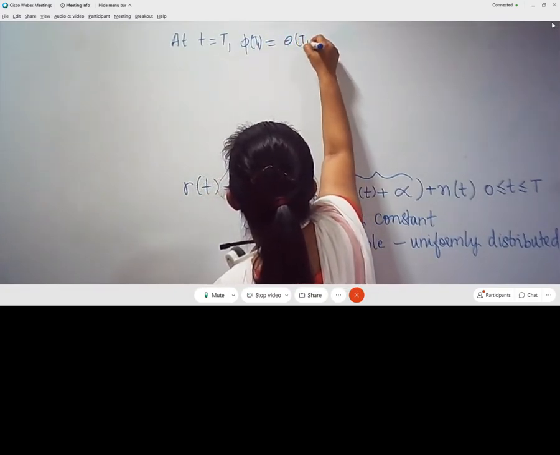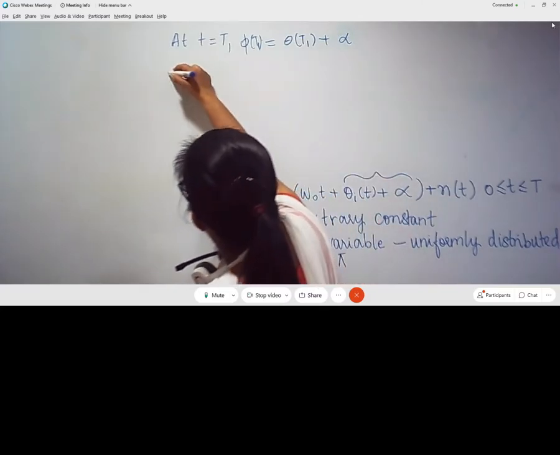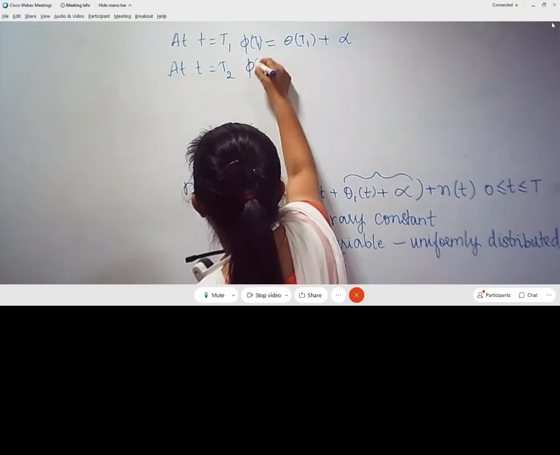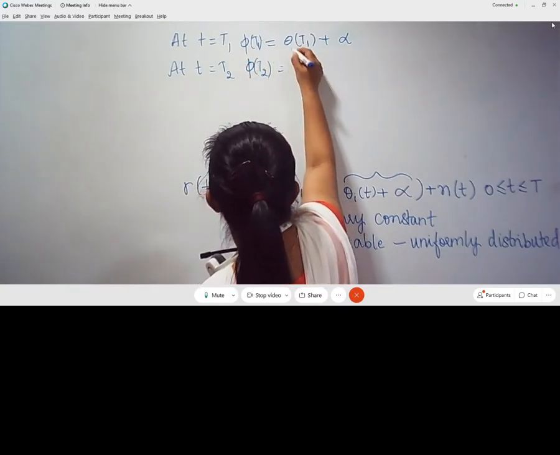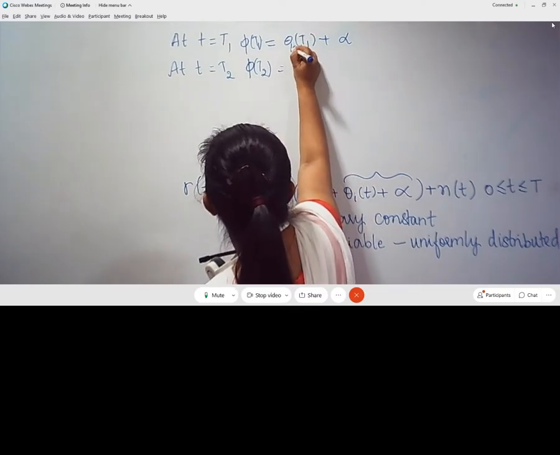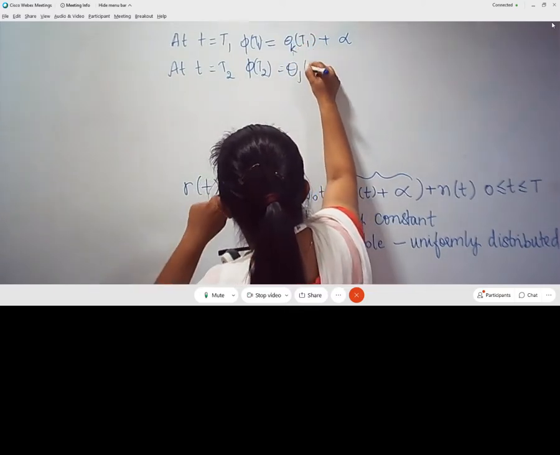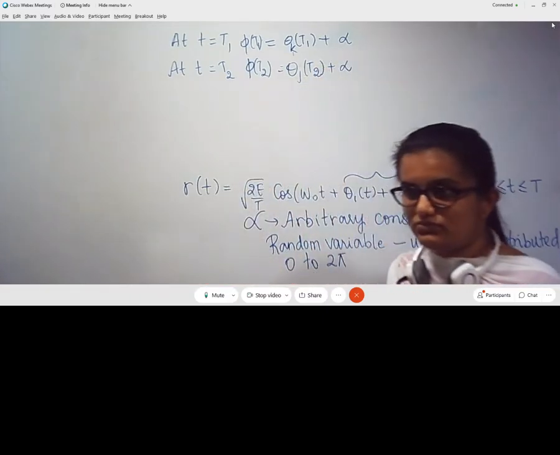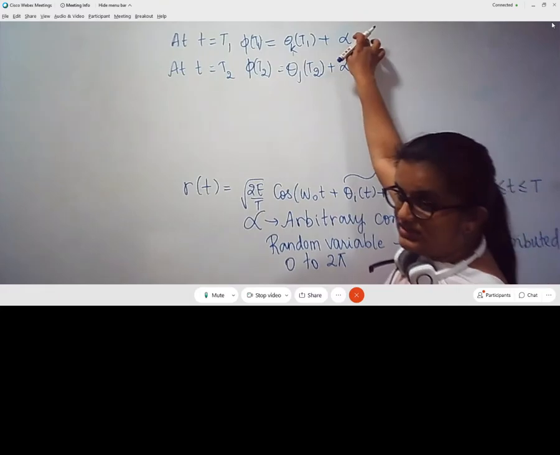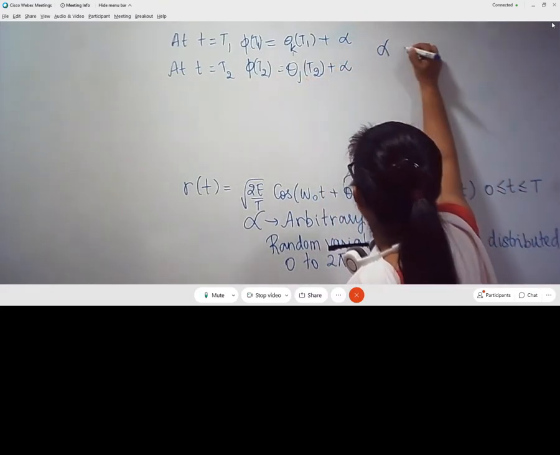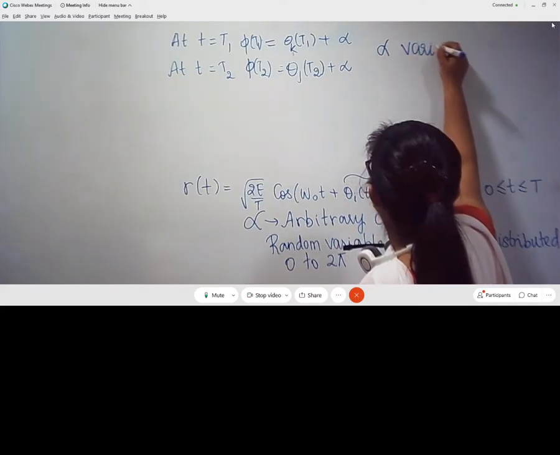At time t2, I obtain a second phase, theta_k, and this one is theta_j, obtained at time instant t2. In both cases I am writing alpha because I am assuming that this alpha varies very slowly.